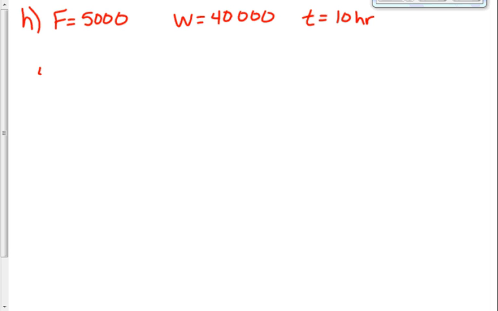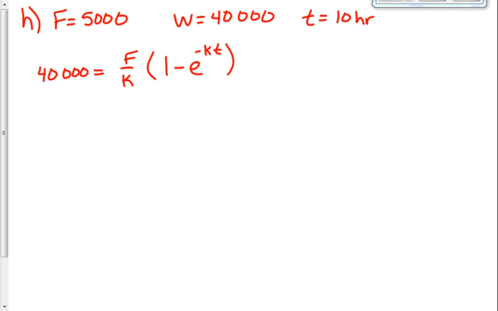So 40,000 goes in for my W. Oh, sorry, we're trying to find that. It's going to be F divided by K times 1 minus e to the negative Kt. Sorry, back up a minute. That's the equation I'm starting with because I'm actually trying to find K. I apologize.